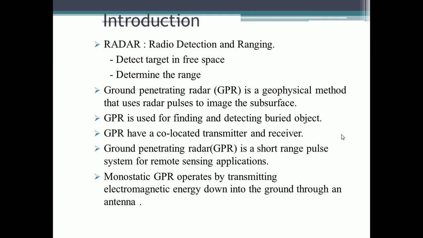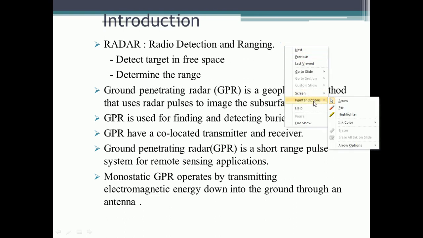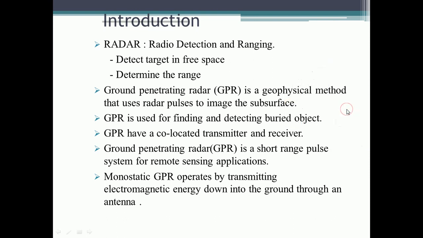So ground penetrating radar is one of the physical methods that uses radar pulses to get an image of the earth surface or any object. It gives a detailed image with the help of electromagnetic waves.